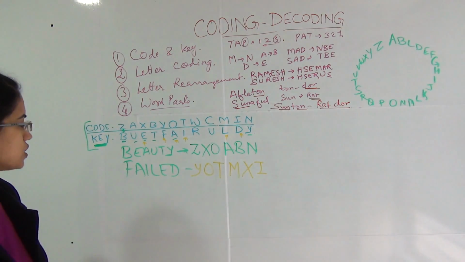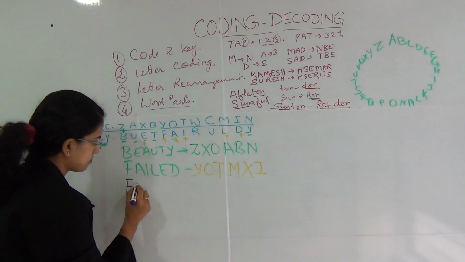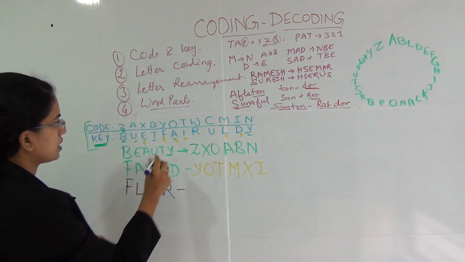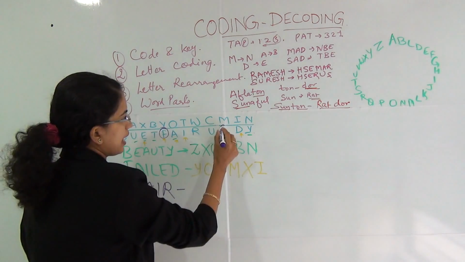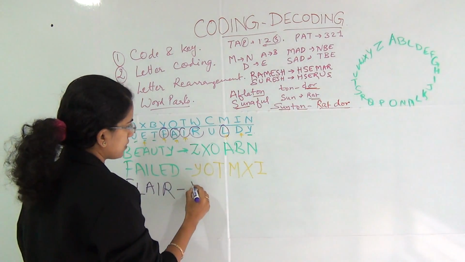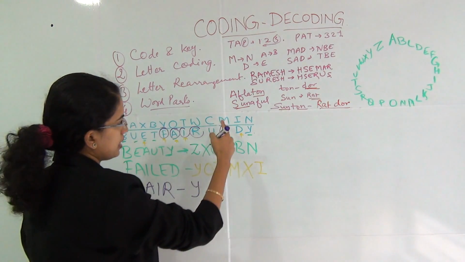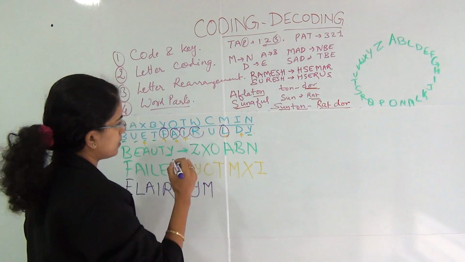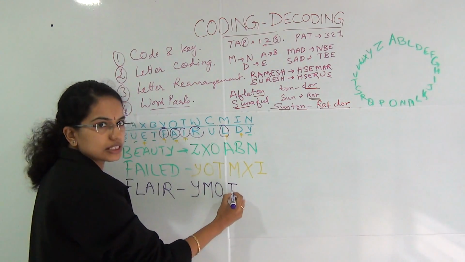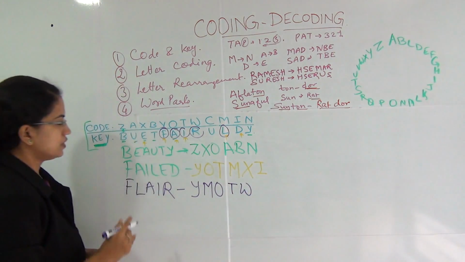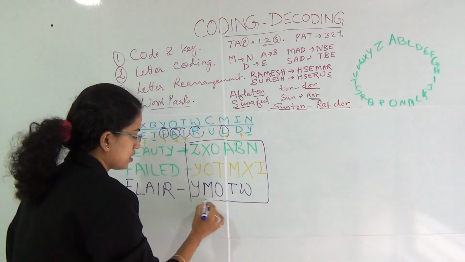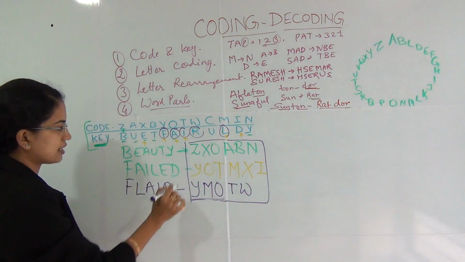Now I have the last word, that is player. Now what would happen for this? I am using the word F, L, A, I and R. So I'll start with F, that is Y, L, that is M, A, that is O, and finally I, R, that becomes T and W. So these would be the code for the key that is given here.